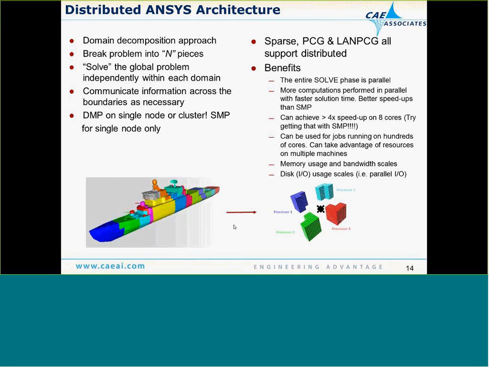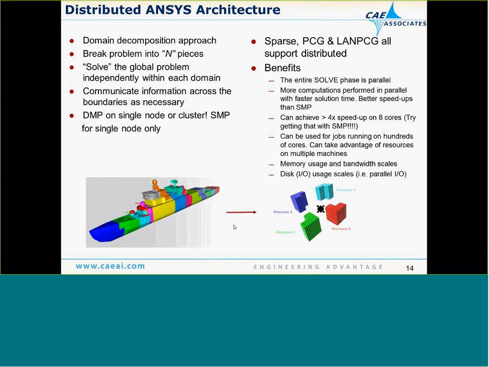Once we break the problem into these n pieces, we're going to solve each of those pieces individually on designated and dedicated cores. Once the solver completes its job, we send it back to the main memory bank and reassemble to update the boundaries around those blocks. So we're going to have communication required across the boundaries as necessary.